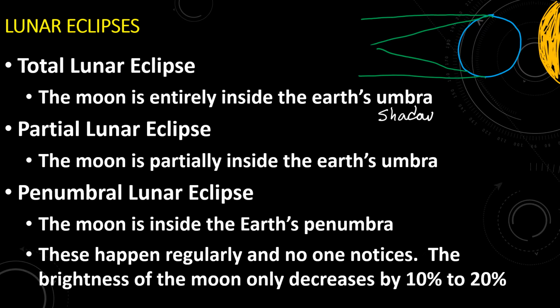And so this is where the moon ends up in this area right here, not directly in the shadow, but it does have enough light blocking to decrease the brightness of the moon by about 10 to 20%. But that isn't really that big. And so penumbral lunar eclipses actually happen really often, as opposed to total lunar eclipses, which happen a few times a year.